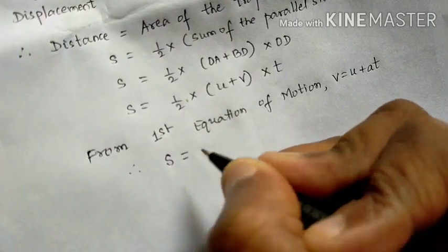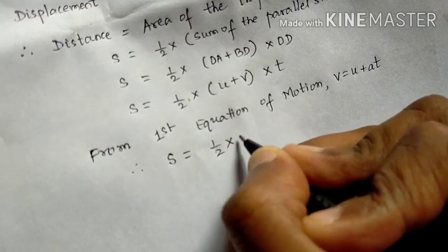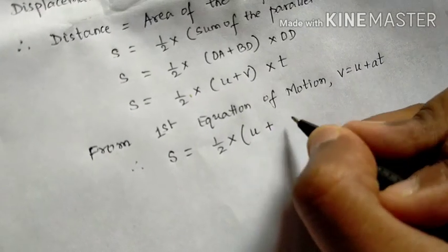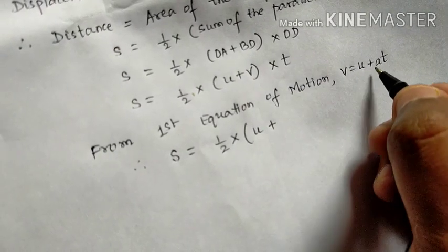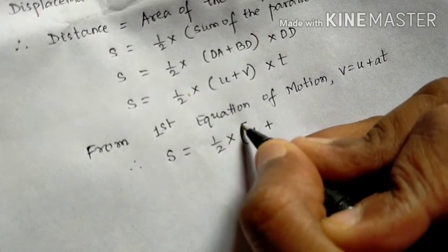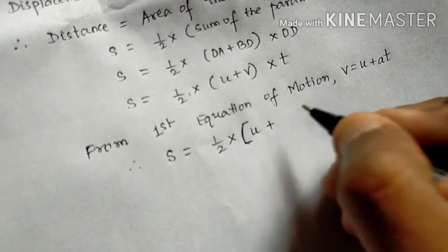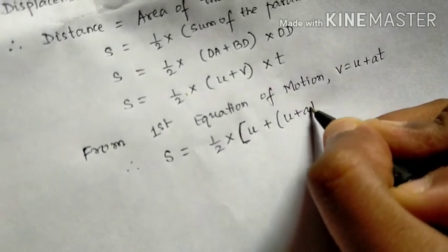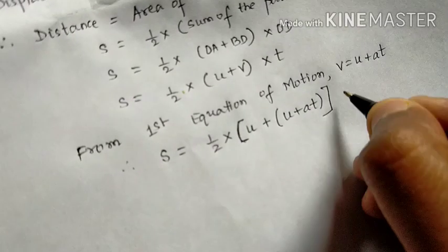So S will be equal to half into U plus, now in place of V we will write down U plus 18. Now let's change the bracket to a square bracket. So this will give you U plus, now you can open one bracket and write down instead of V, U plus 18.